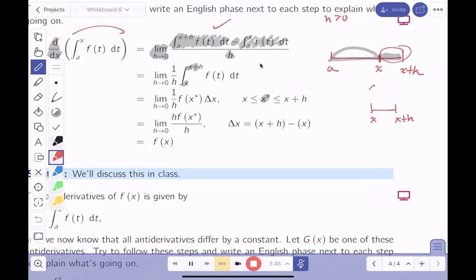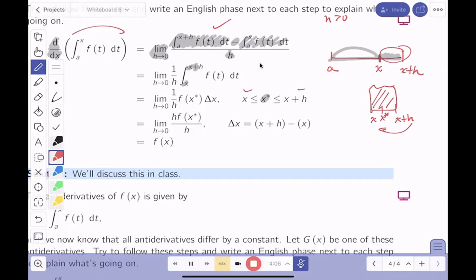And I know this represents some kind of area over here. I hope you realize the h is going towards 0, so those things are getting really close together. So what they're saying is that there's some x star in the middle here, between x and x plus h. Well, that seems reasonable to me, right?